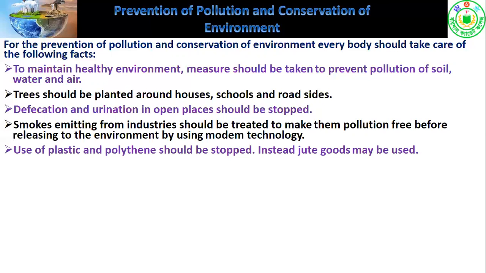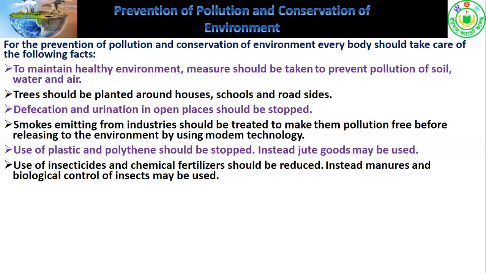So if we use jute goods, that means goods made from jute, that is suitable for the environment, but plastic and polythene don't mix up with the soil, and they remain as they are in the soil. Because of this, the fertility of the soil decreases, and crops don't grow well on that soil. So we must not use plastic and polythene. Instead we will use jute products.